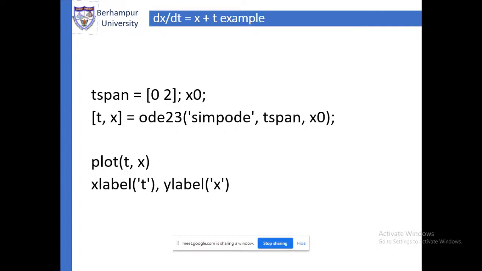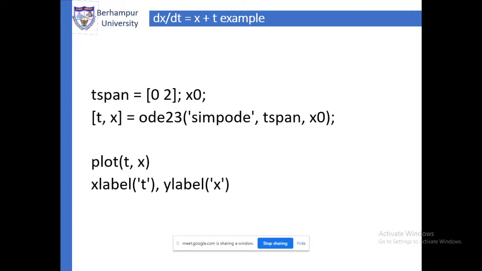So tspan is 0 to 2. This shows that the integration is on t, so the lower limit is 0, upper limit is 2. And then we have x0. The moment you define x0 as 0, that will automatically take x0 to be 0.